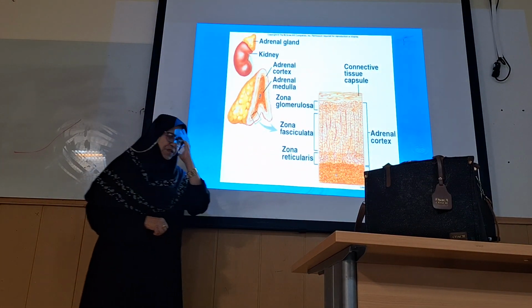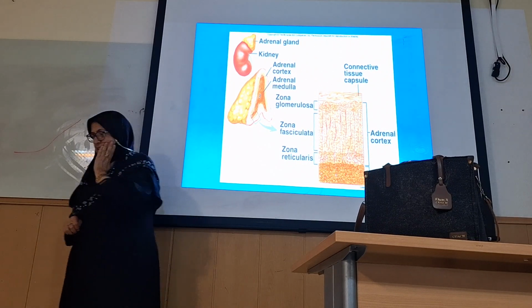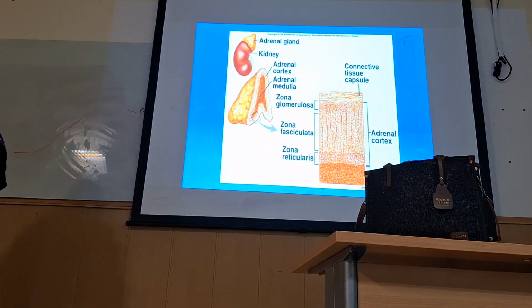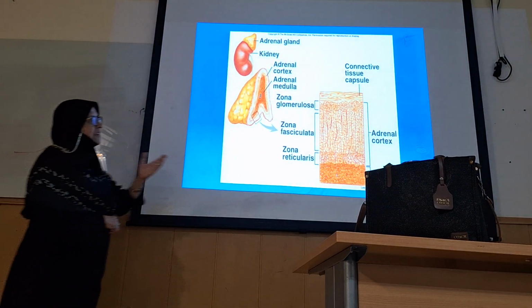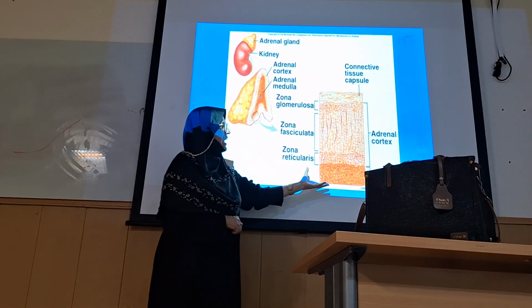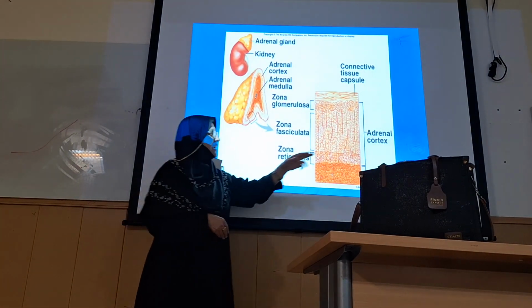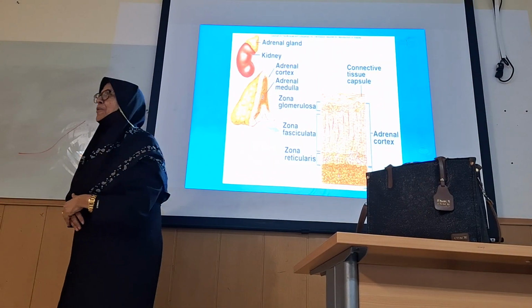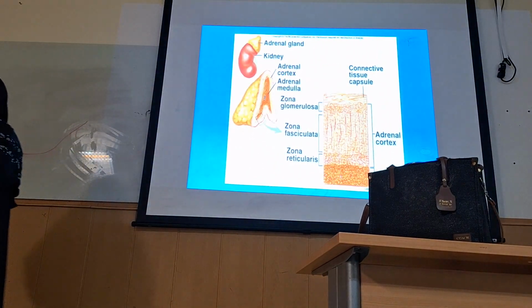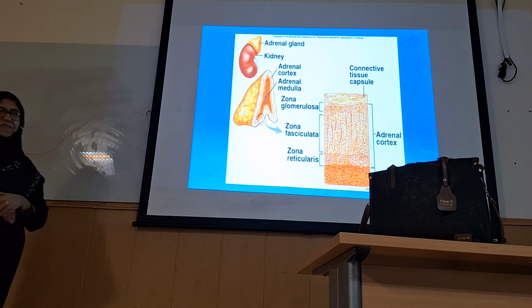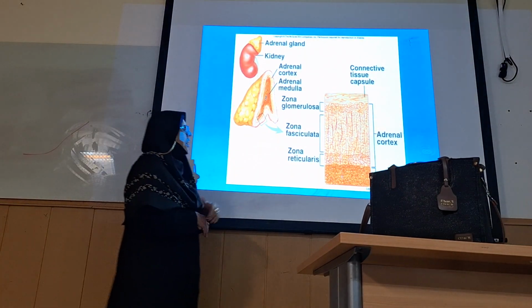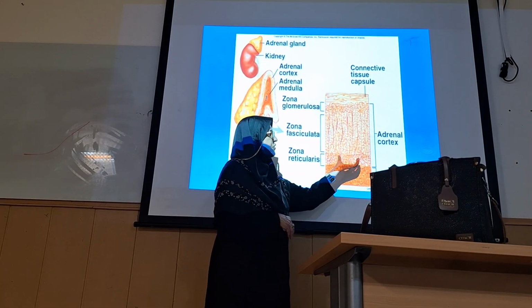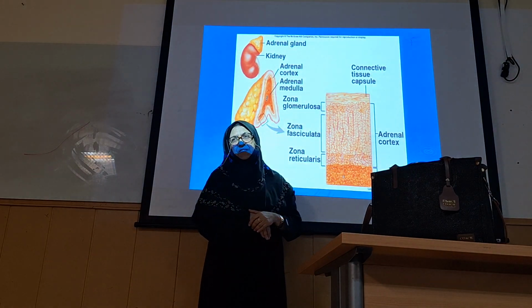This slide shows the compartments of the adrenal gland. The adrenal gland has two sections, the adrenal cortex and the adrenal medulla. Approximately 80% of the adrenal gland is adrenal cortex.